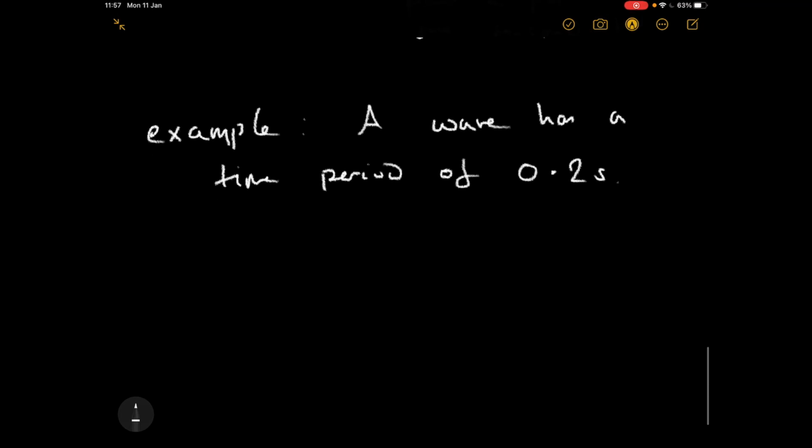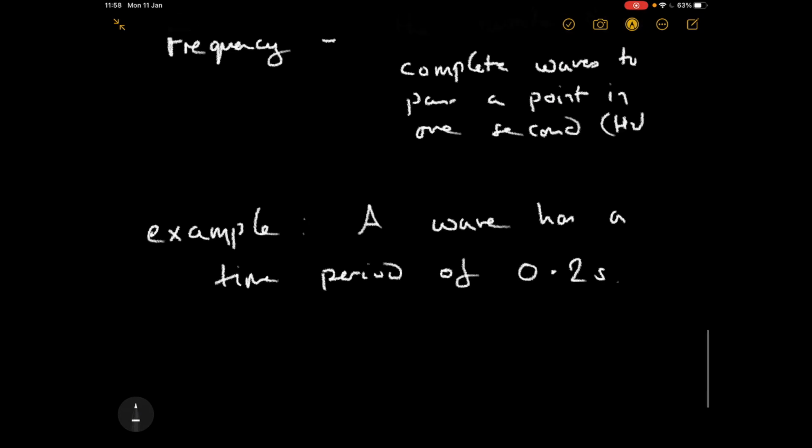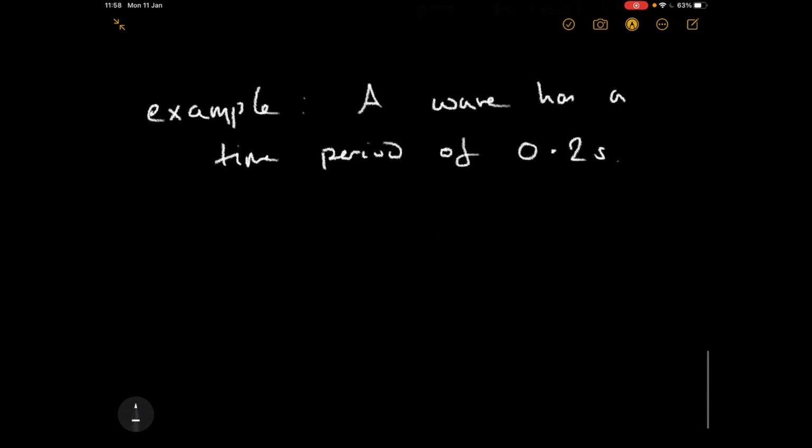Well, what does that mean? How many full waves are you going to see? What's going to be your frequency in that case? You may be able to see where this is going. But if you have an entire, we've got our person who is measuring it.